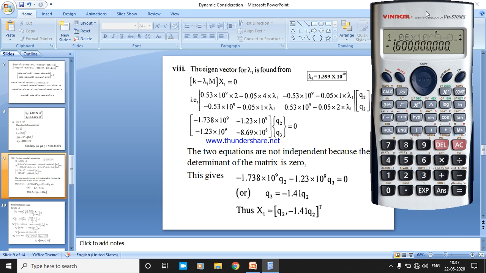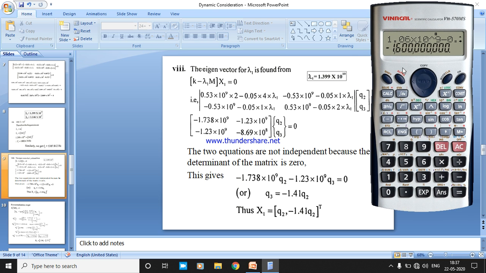It depends upon the calculators. This is the old calculator, the old series, so some error will be there. Nothing problem with the error. If you use an advanced or newer calculator, you will get the value 1.73 into 10 raised to 9.